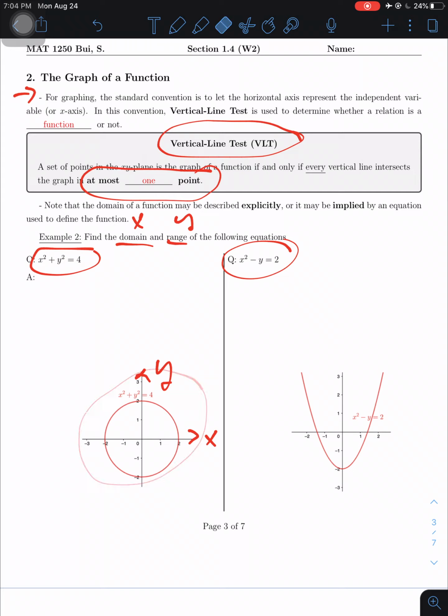Let me take out this circle because it looks lame. All right, so for the circle, you have everything on the red curve, right? Say on the x-axis, you don't have x equal to -3, because it's not a part of the circle. You have x equal to -2, you have x equal to 0.